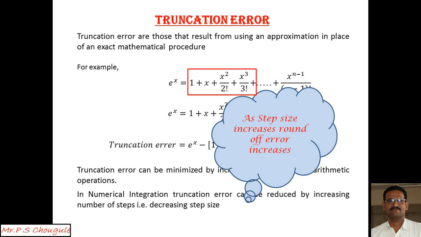So remember this one. Ultimately you will get approximate values which may have a less truncation error but high roundoff error. So based on that we need to find the optimal solution. So the optimal number of strips, the optimal step size, that we need to define, and by trial and error method we can find the optimal number of steps.